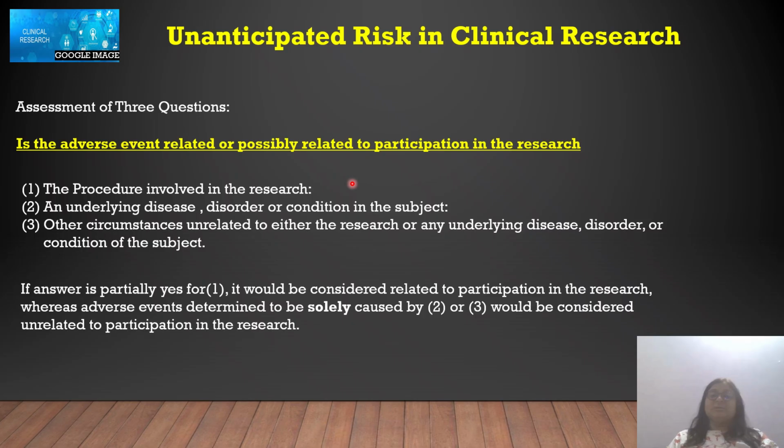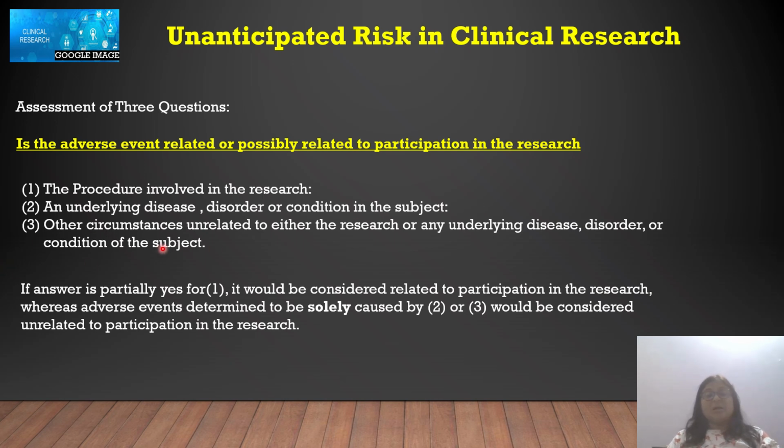If yes, then obviously it is the unanticipated risk. Then second, was there any underlying disease, as we discussed earlier? If not, then obviously it is an unanticipated risk. If yes, then it is not an unanticipated risk.